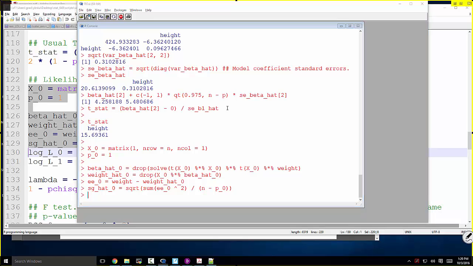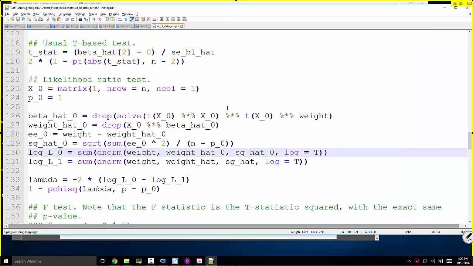And in order to do the likelihood, we need to compute products of normal PDFs. So I'm going to get normal PDF. dnorm evaluates the PDF of the normal distribution. Evaluate it at the observed data, and use as the mean the fitted values.